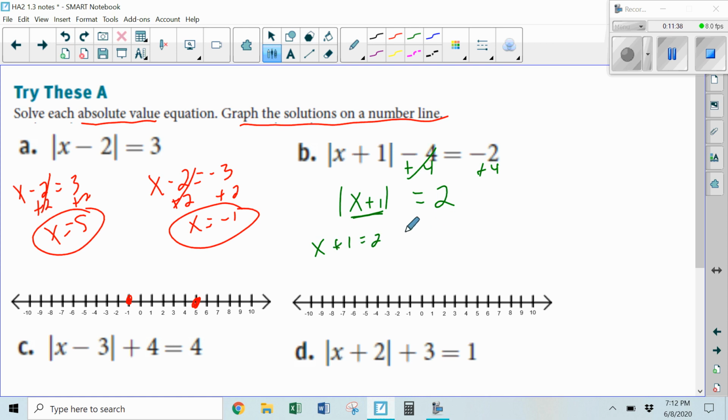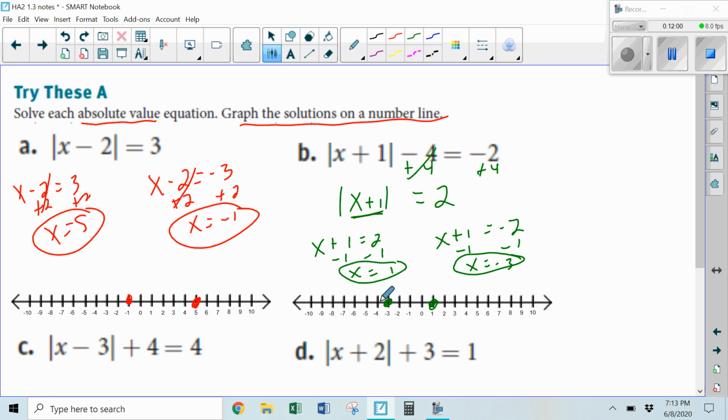So it could be at 2 or -2. Subtract 1. So my answers are 1 and -3.